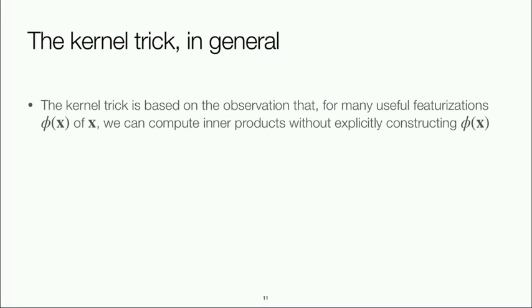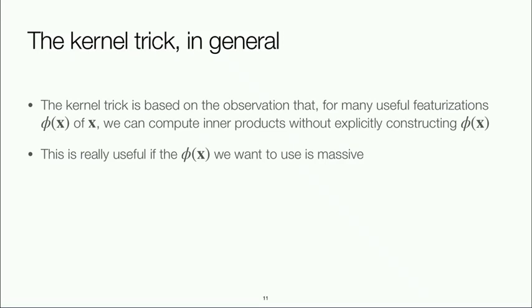So that's the high-level idea. This kernel trick is really useful if the features that I want to use, phi of x, are massive. If I want to use a polynomial featurization with p equals 100, then doing this is going to be a huge gain. You can never naively do 100th order polynomial features, but you can do it very easily just by using the kernel trick.